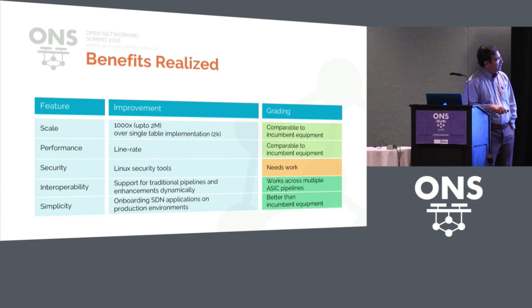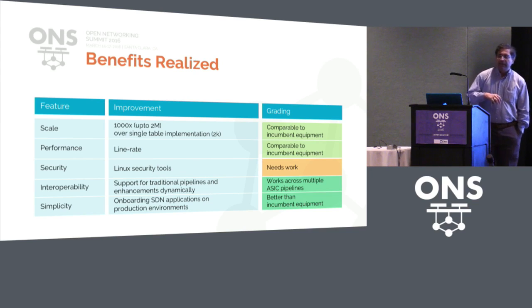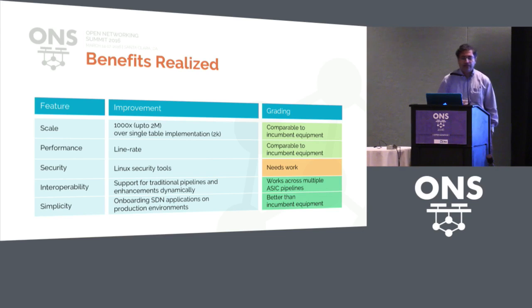The places where we are better are in interop, that is, being able to work seamlessly across all varieties of ASIC architectures or ASIC vendors, and being able to use the same applications built across all these varying network infrastructures. Those were the two clear benefits that were immediately realized once we enabled a customer with the TTP model.